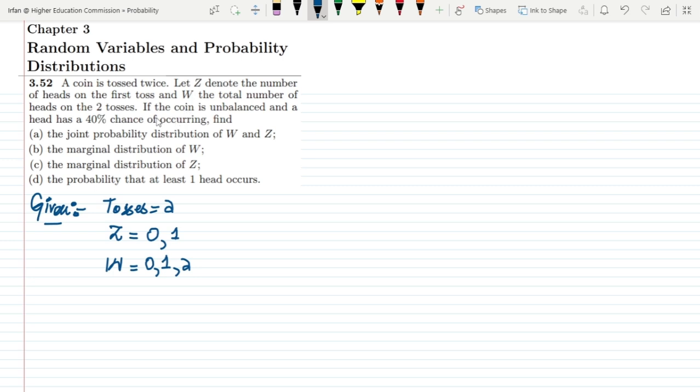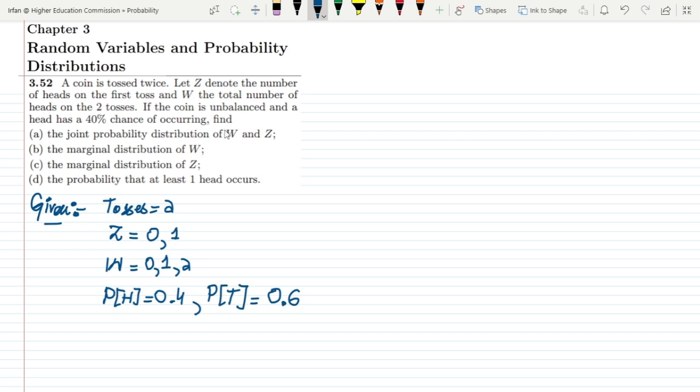Now the coin is unbalanced and a head has a 40% chance of occurring, which means the probability of heads is 0.4, which ultimately says that the probability of tails is 1 minus 0.4, and that is 0.6.